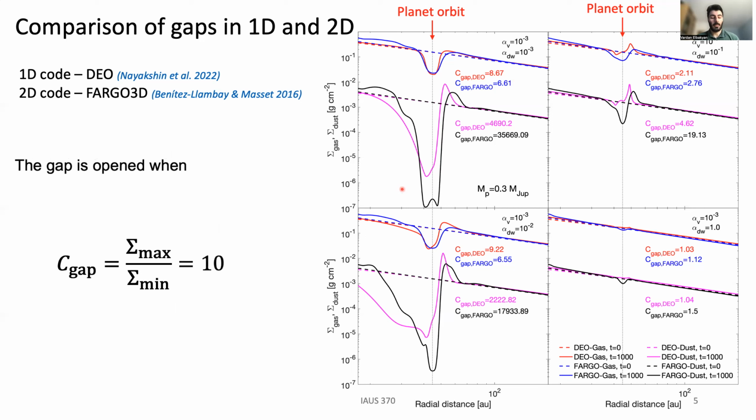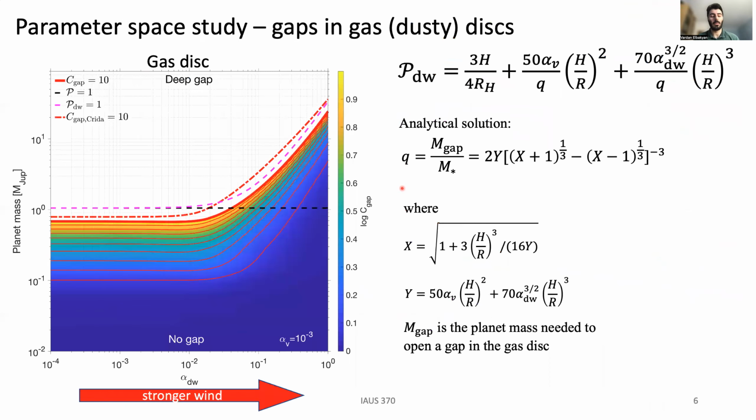And we assume that the gap inside the disk is opened when this gap contrast is equal to 10. So after checking a few values of alpha disk wind, we conducted a parameter space study on this plot to cover this parameter space.